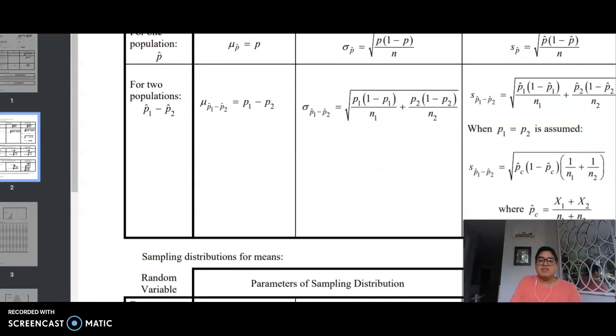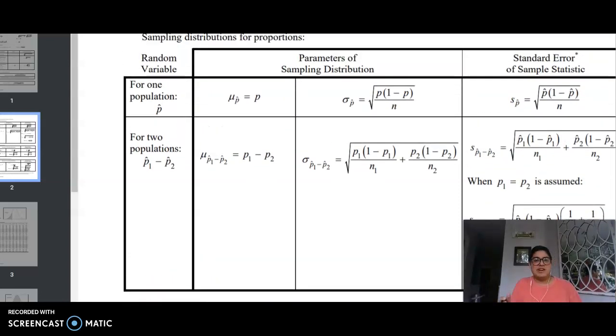Or for two proportions, here are some ways to calculate the standard error. Note that the means will be the same, but the standard deviation will change. This is a standard deviation if I know the parameter, but when I'm making it based off of the sample, it's going to be called the standard error. So there's a distinction there: standard deviation from the sampling distribution and standard error of the sample.